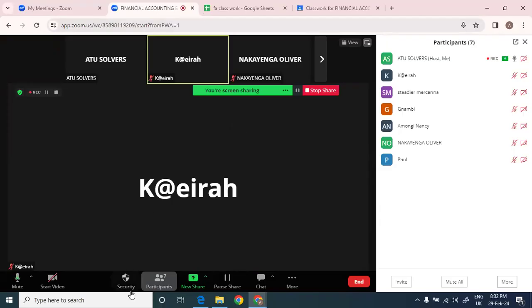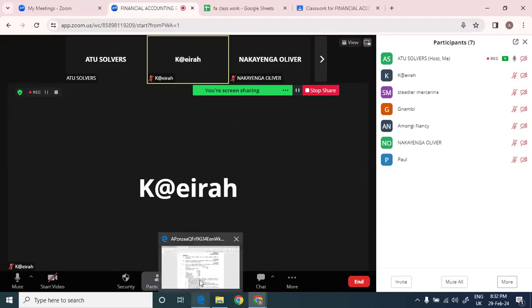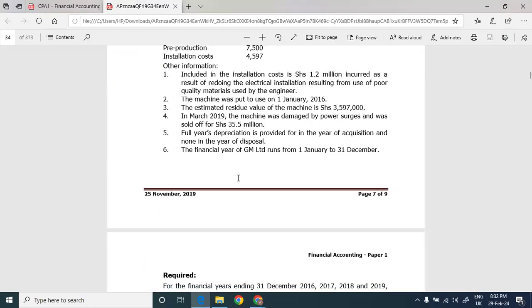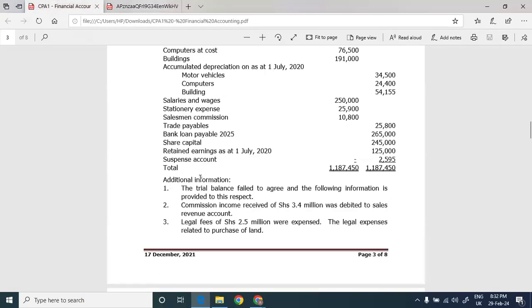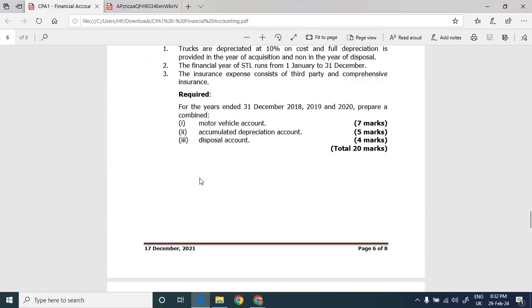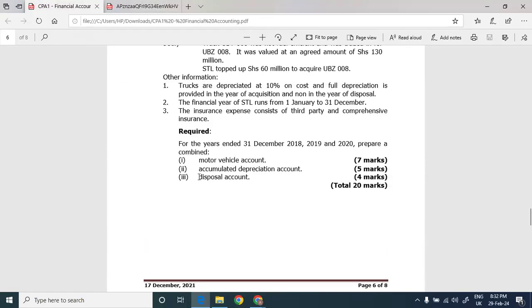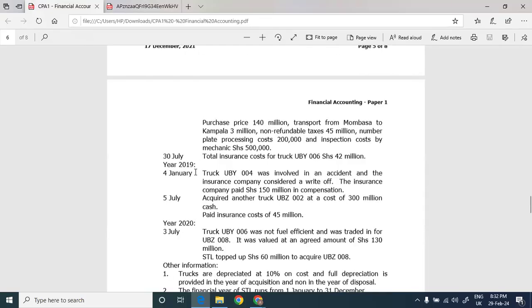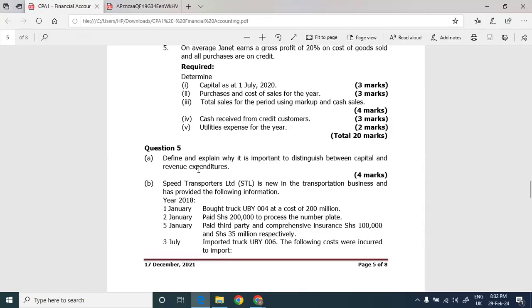Next time we meet, we shall do 2019, question number 5. I think let's check if 2021 there was another question for depreciation. Yeah. So we shall do these two questions. 2019 question number 5, then 2021 question number 5. Are we together?